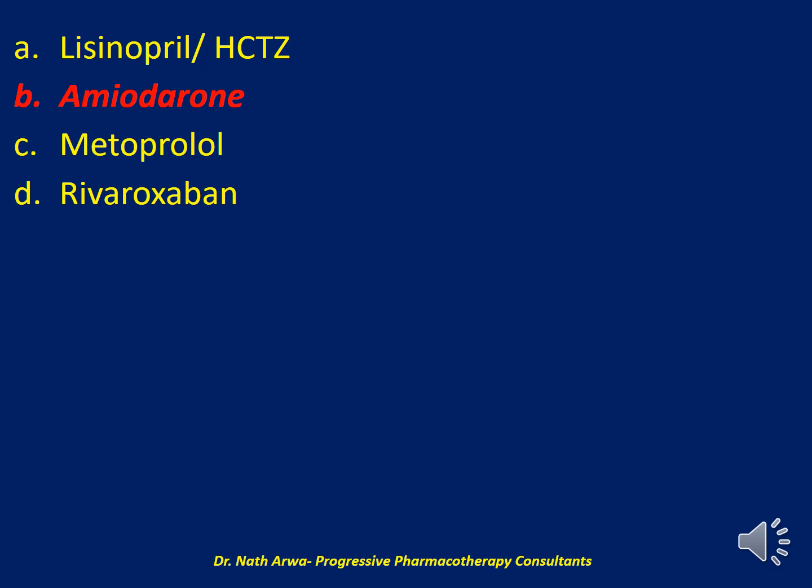Now, I'd just like to underscore the fact that the other drugs, lisinopril co-formulated with hydrochlorothiazide, metoprolol, and rivaroxaban, do not show any profound effect on the thyroid gland or its hormones at all.